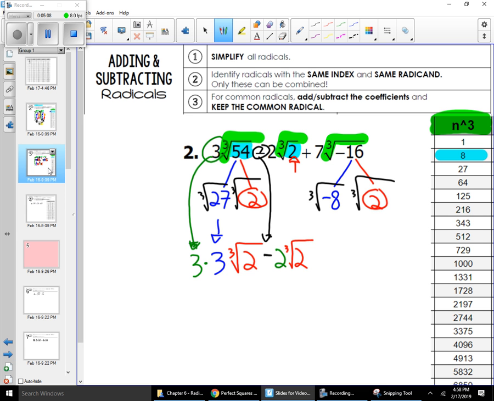And then last but not least, we have our next term. Now this started off as a plus problem, but because we have this negative 8, I'll highlight that one in yellow. Because we have this negative 8, the cube root of 8 is 2. The cube root of negative 8 is a negative 2. So that's going to make this a minus. It was originally a plus.